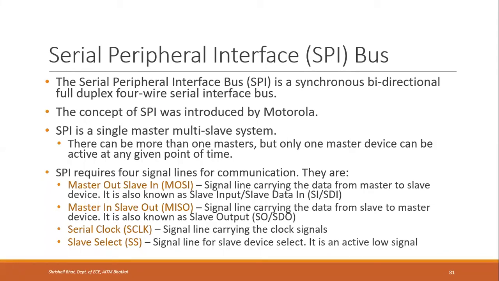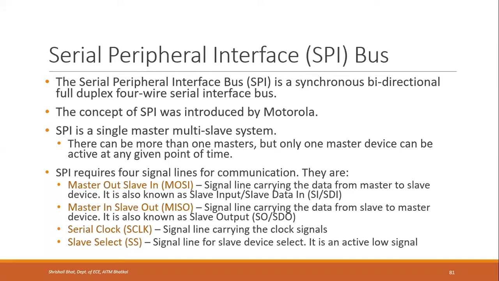Two lines are MOSI and MISO, that is master out, slave in, and master in, slave out, which are used for carrying the data. Master out, slave in means from the master to the slave. Master in, slave out means from the slave to the master. So there are two dedicated lines for data transfer in both directions.